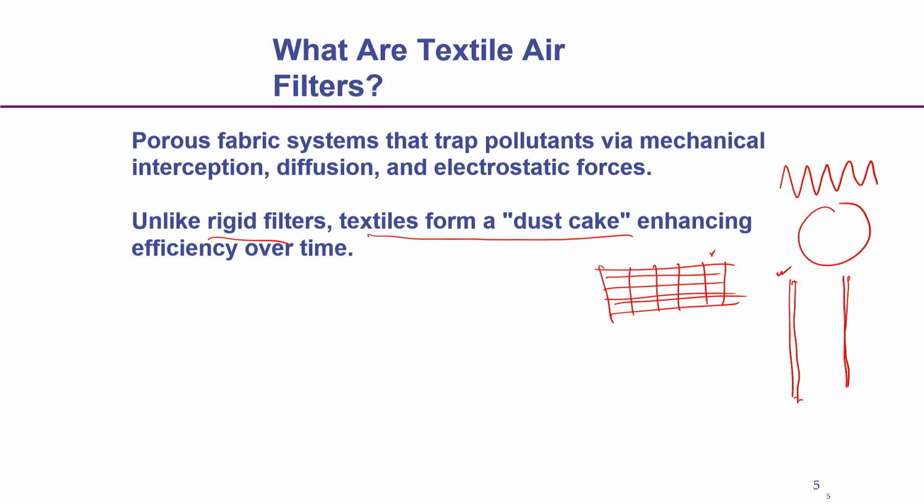Now, in a metal mesh, due to its stable pore structure, the smaller particles will pass through and larger particles will get arrested, but these particles will keep on removing and falling down. It will not form any cake.